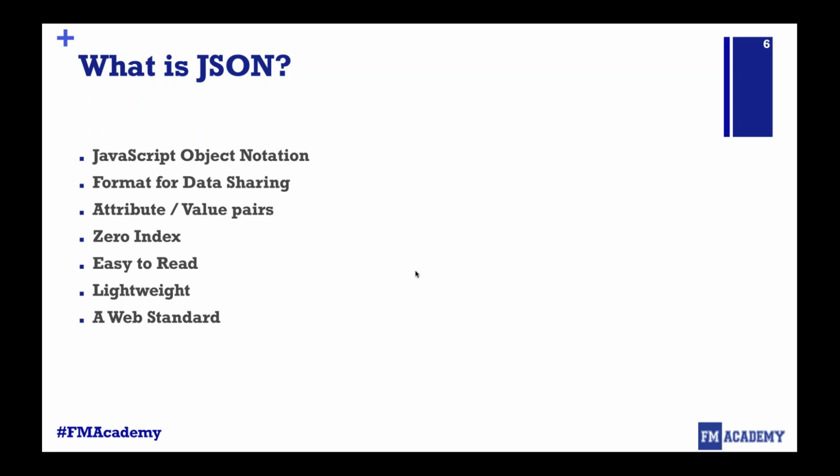JSON is zero indexed. As you will see later, we'll explain what that means. Unlike XML, JSON is a little bit easier to read. I guess that's probably more of a subjective claim. It's objectively more lightweight. It requires a lot less characters than XML. And it is quickly becoming a standard across the entire web.